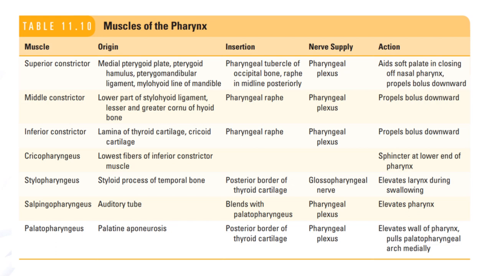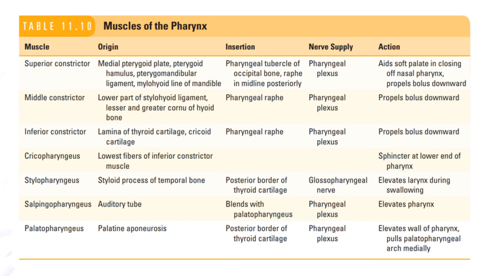One thing you should remember with the muscles of the pharynx is that the action is, of course, related to the direction of the muscle fibers and its attachment. For example, the constrictor muscles will constrict whatever is inside, so they function by propelling the bolus of food downwards.